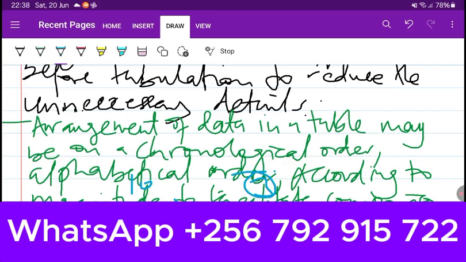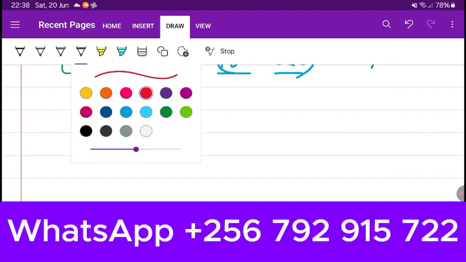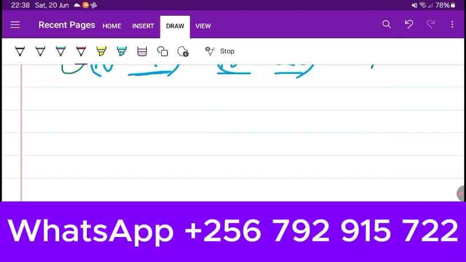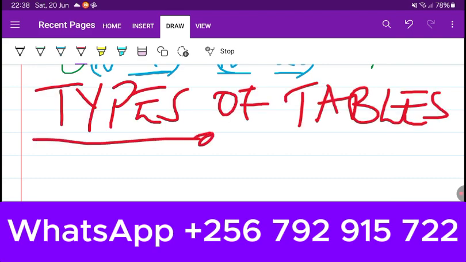They are not always many. They are like 2. So I want to look at the types of tables. Of course, I've already talked about the frequency tables.